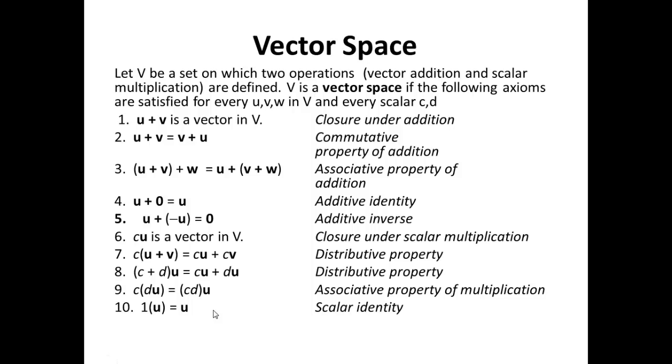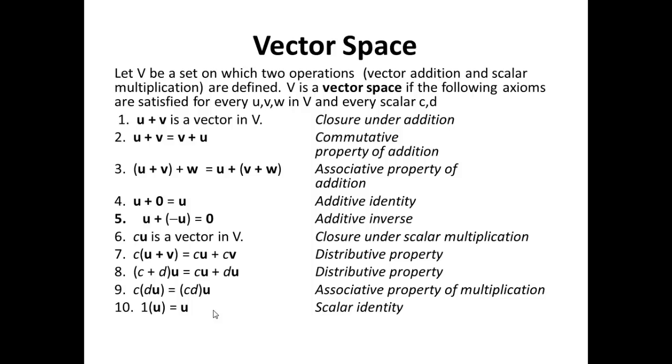If a set satisfies all these axioms, and of course the two operations, vector addition and scalar multiplication, must be defined on that set V, then we conclude that that set is a vector space.